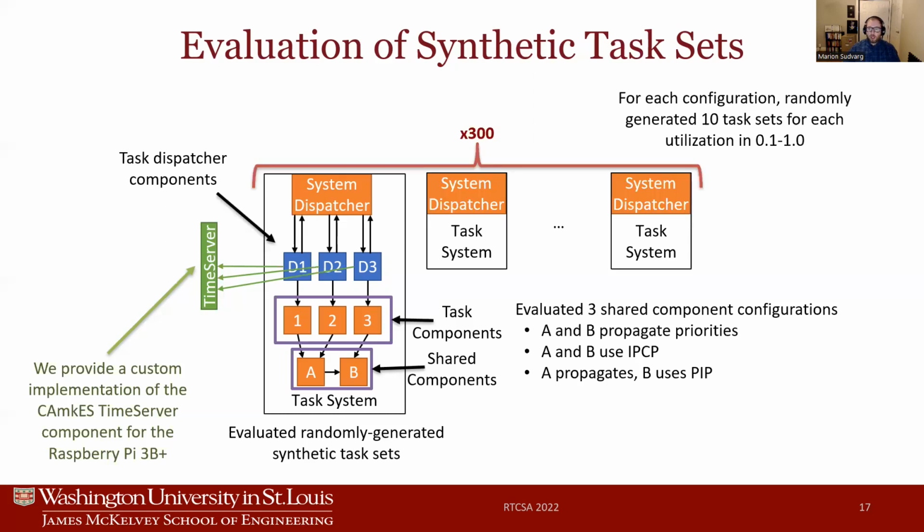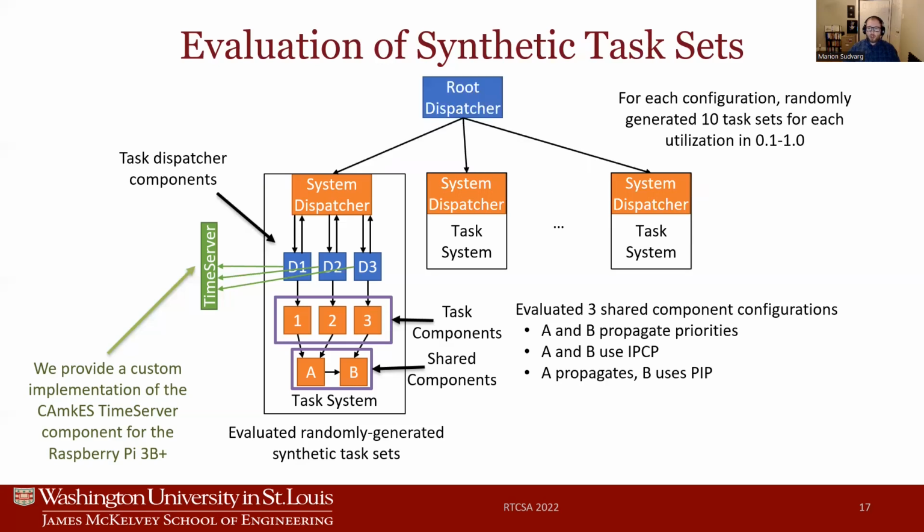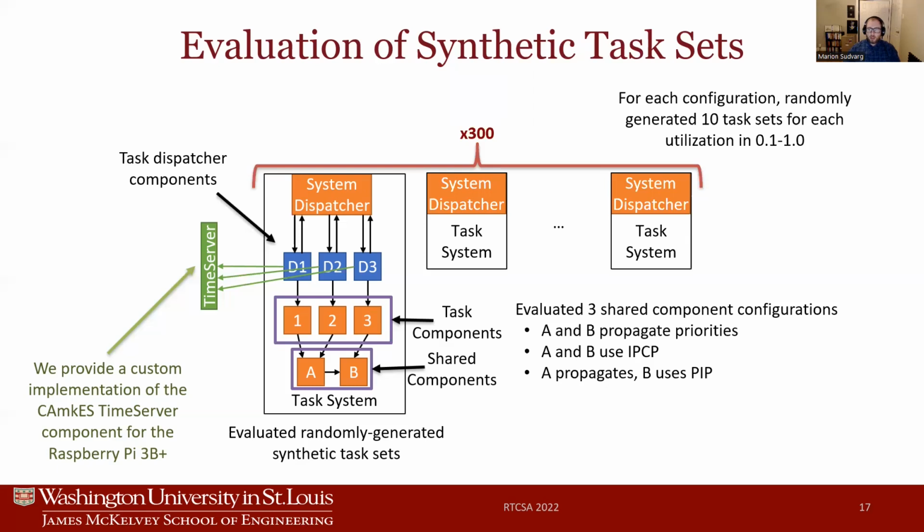For each configuration, we randomly generated 10 task sets for each utilization from 0.1 to 1.0 in steps of 0.1. This resulted in 300 task sets to be evaluated.